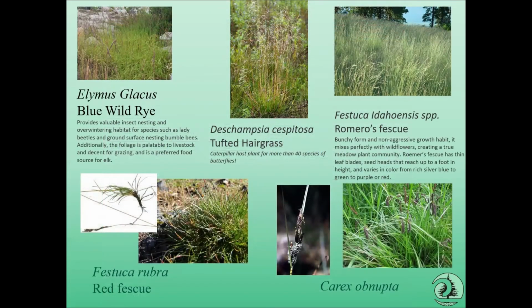And I did want to mention some of our native grasses. Our native grasses are just wonderful. A lot of them are clump type grasses, like that's a clumper. And the Elymus glaucus, okay, I'm gonna start here.